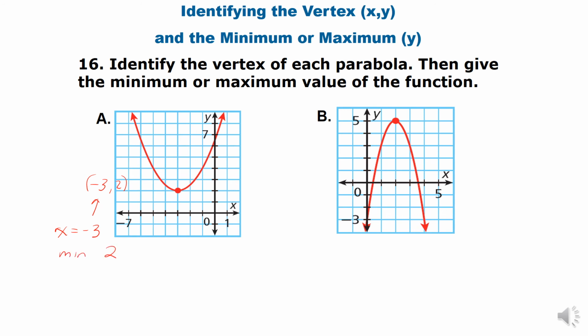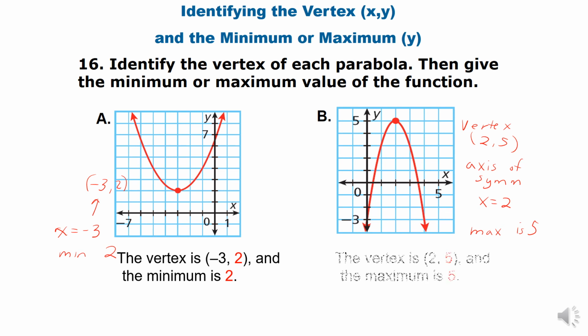Okay, over here, my vertex is (2, 5). So my axis of symmetry, and they didn't ask for this, but it's always important to get the relationships, is x equals 2, and now we have a maximum, and my maximum is 5. Okay, there we go.